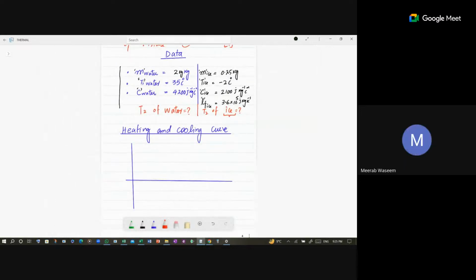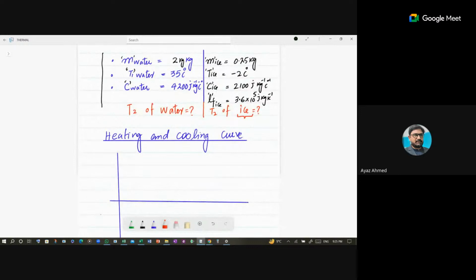Yes, sir. Now look, let's say this is your -2 degree centigrade. So ice is at -2 degree centigrade initially. It will reach 0 degree centigrade. This is your 0 degree centigrade. Are you getting what I'm going to explain?